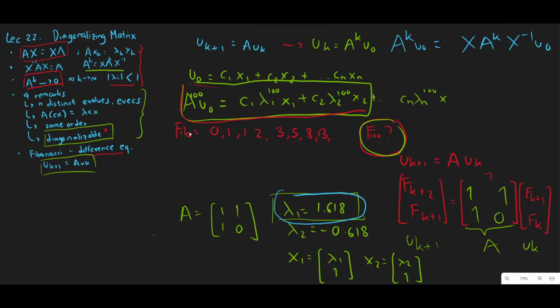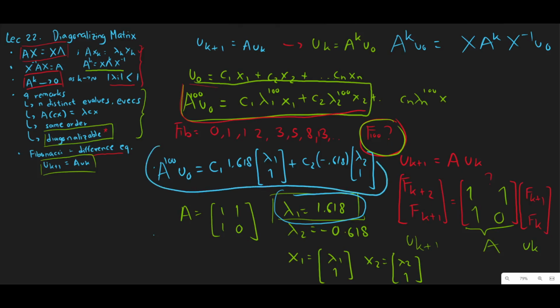So let's write that down. We have our k term, so the 100th term is c1 times lambda 1, which is 1.618, to the power 100, times x1, which is (lambda 1, 1), plus this constant c2 times lambda 2, which is minus 0.618, times the second eigenvector.